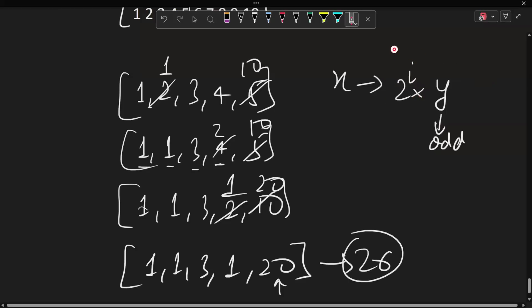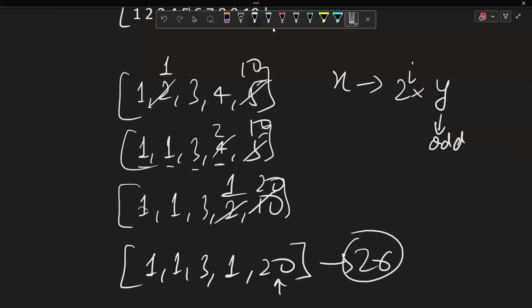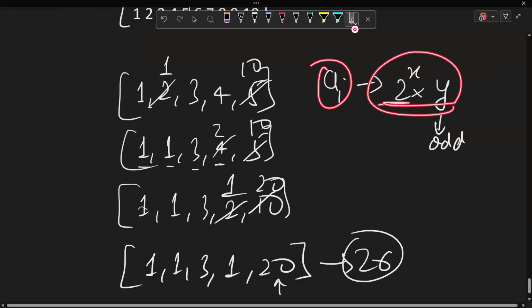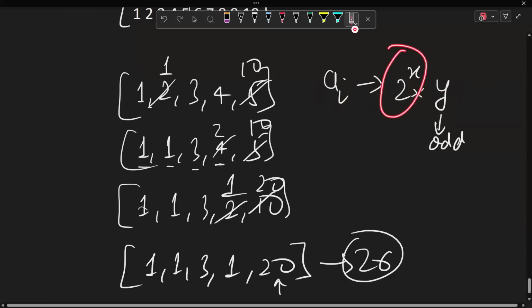Instead of writing i as an index, it is better to write x here and ai here. This would be a better way to represent it. So for any ai, I would transform it in this form, 2 to the power x into y, where x is the number of powers of 2 that this ai has, and y is the number after removing all those powers of 2.